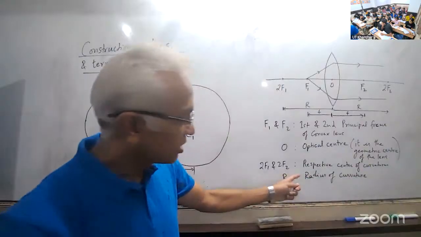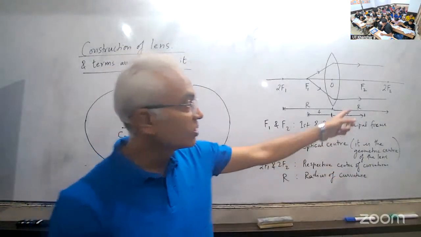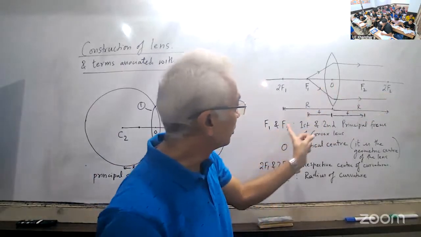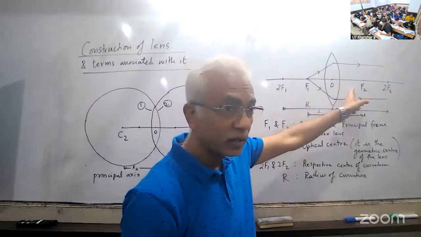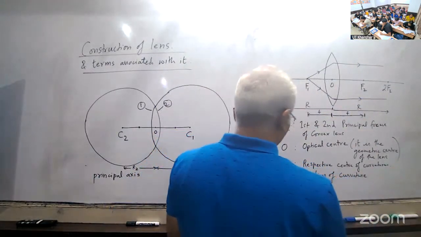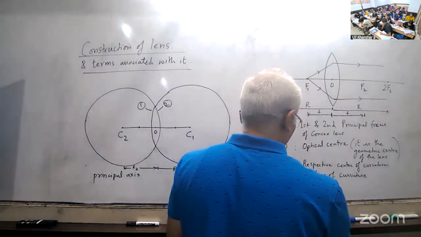There is a difference between center of curvature and radius of curvature. Center of curvature is a point, just like principal focus F1 and F2 are points on the principal axis, whereas R is a distance or length, same as the focal length.